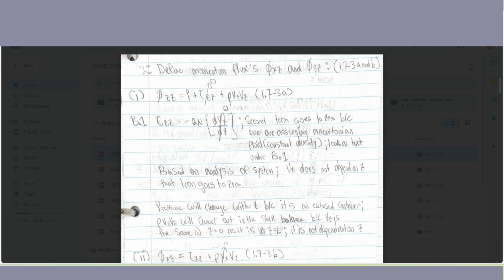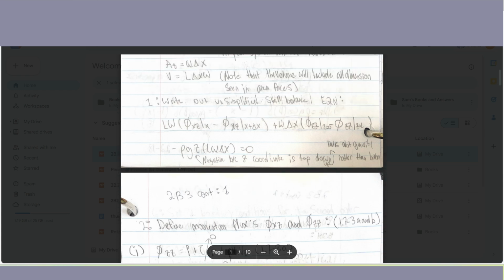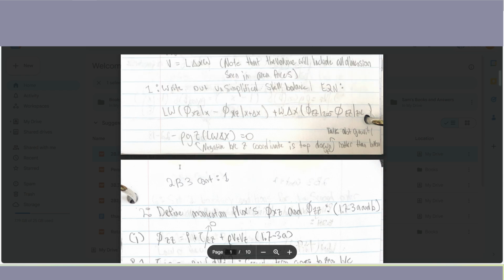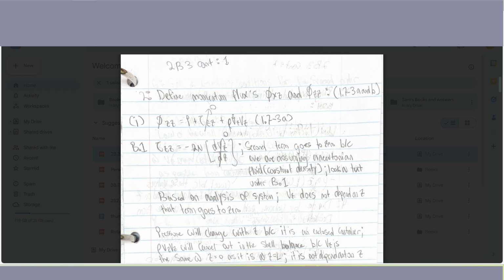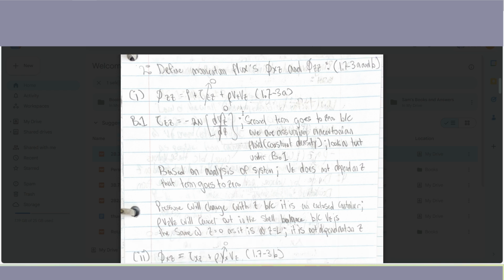Rho VZ VZ will cancel because, again, VZ is not dependent on Z. This will have an identical rho VZ VZ to this, so they subtract out and equal 0, even though technically the term is rho VZ VZ minus rho VZ VZ.